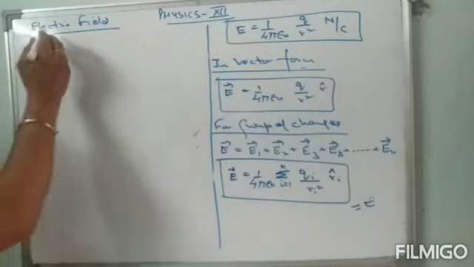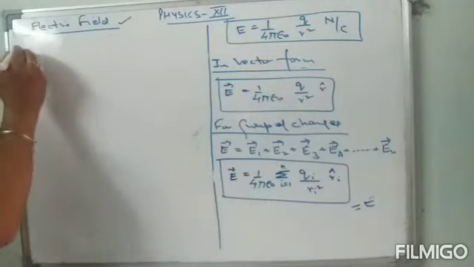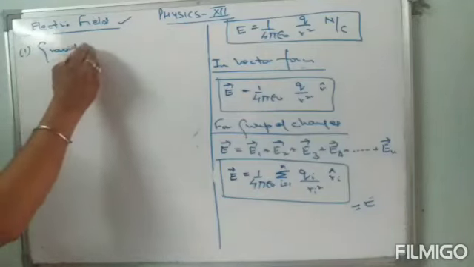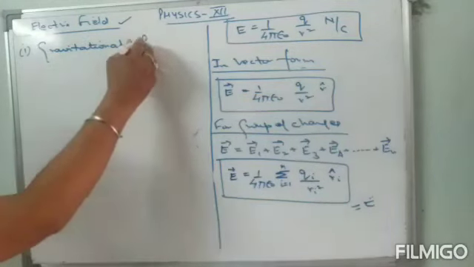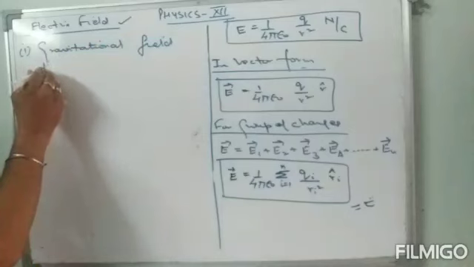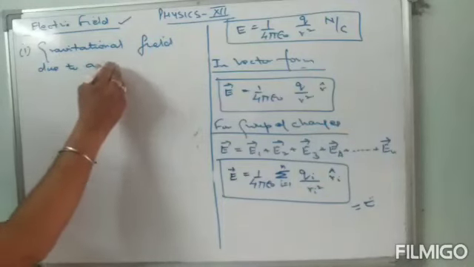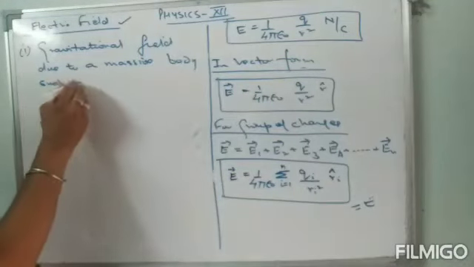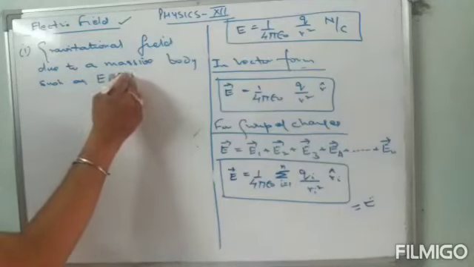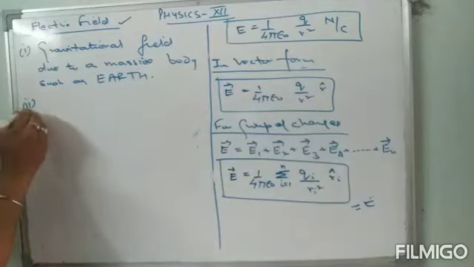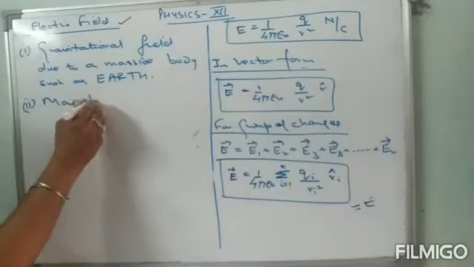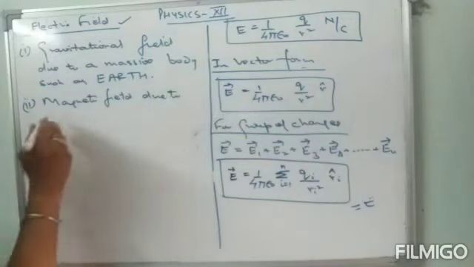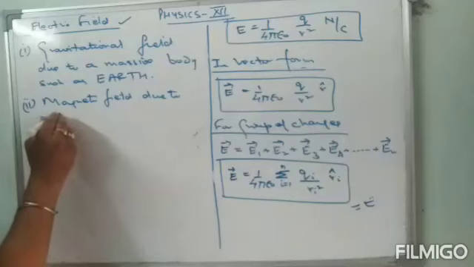Besides this electric field, there are two other fields: the gravitational field due to a massive body such as Earth, and second, the magnetic field due to the presence of a magnet.